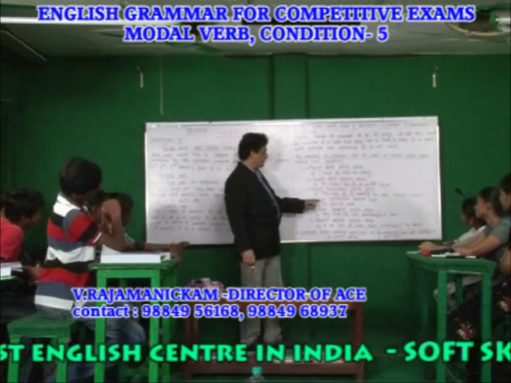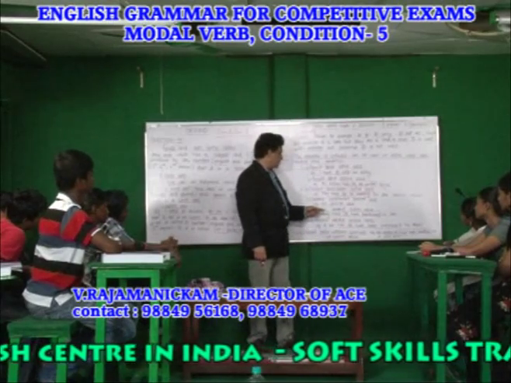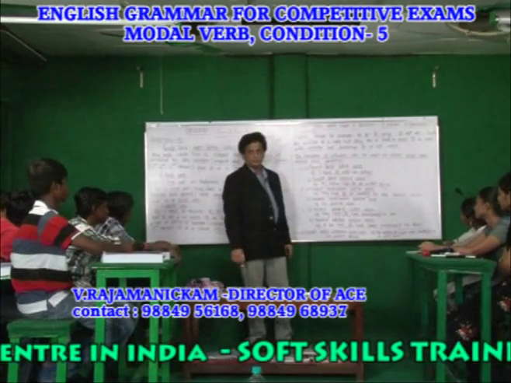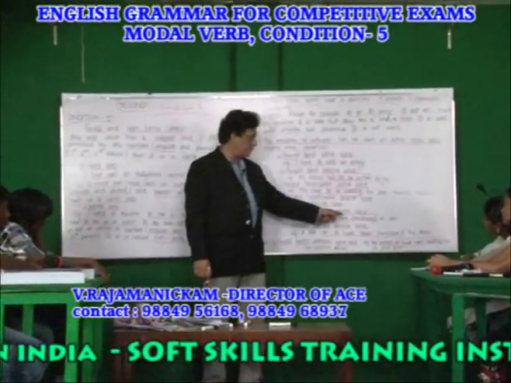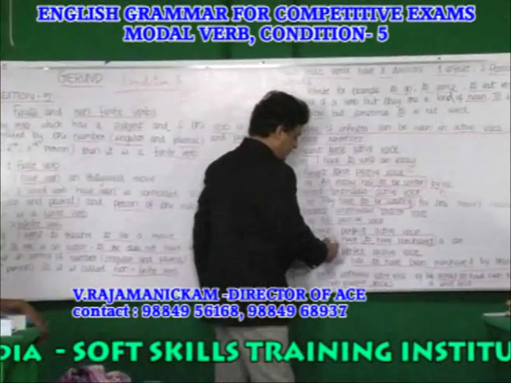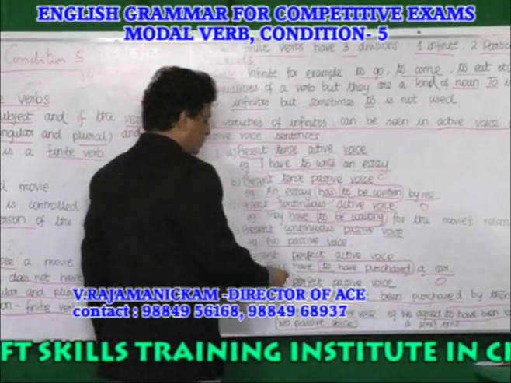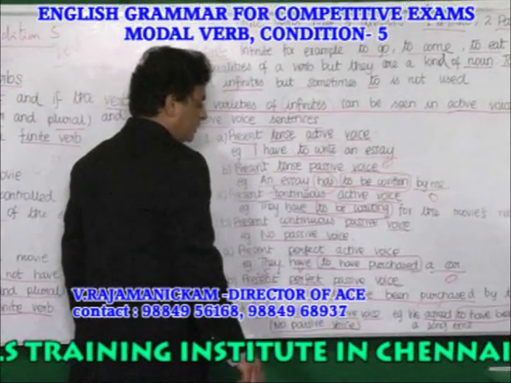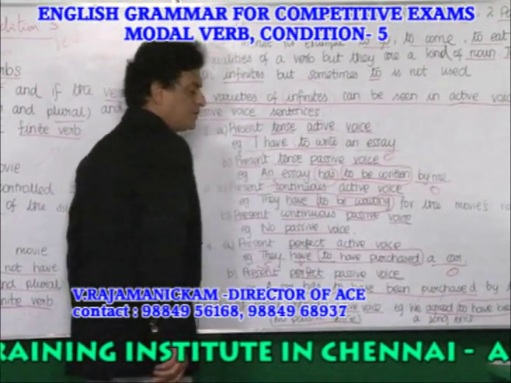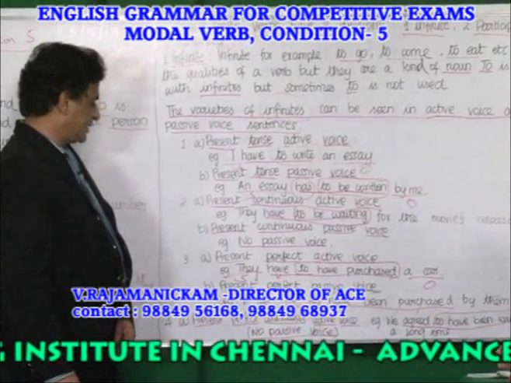For continuous, what is given here: they have to be waiting for the movie's release. So no passive voice for continuous. For perfect, see, they have to have purchased a car. They become the subject, a car becomes the object. Have is controlled by they, so this is the verb. To have purchased becomes the infinitive perfect active.